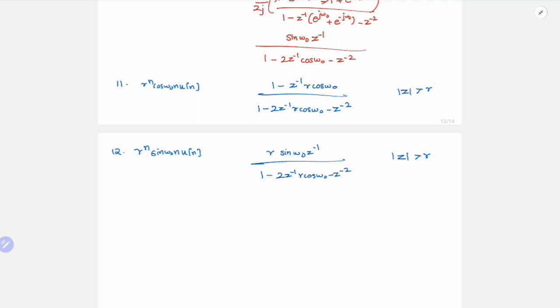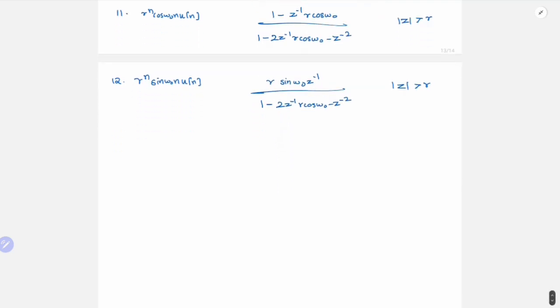Okay. So next let us discuss the analysis and characterization of LTI systems using Z transform.